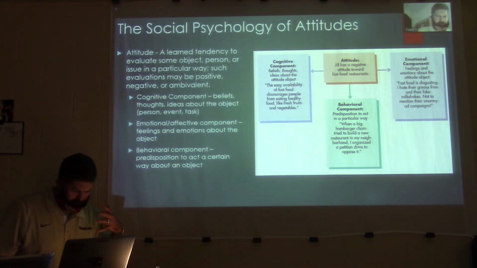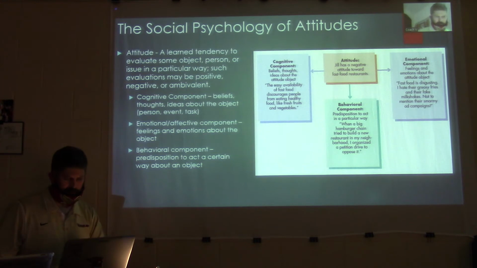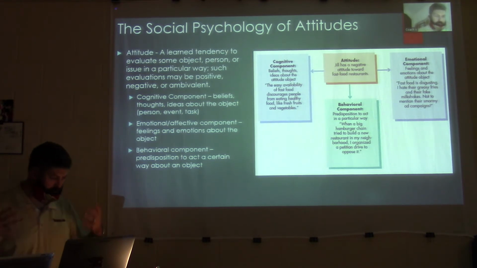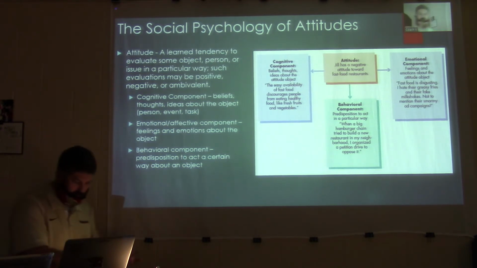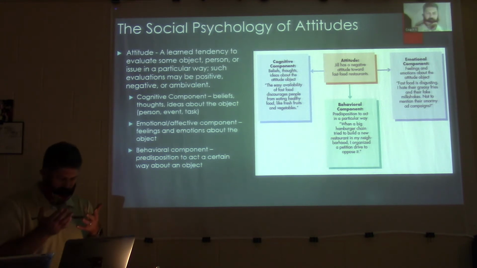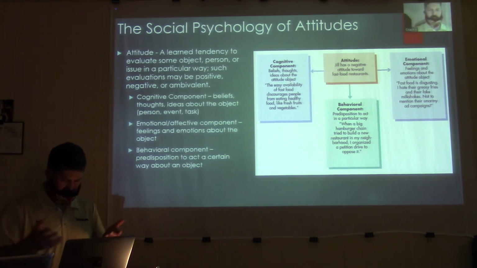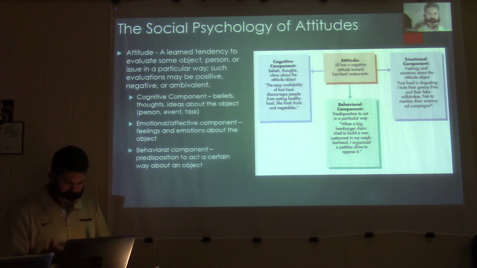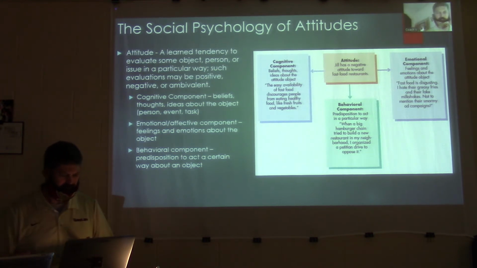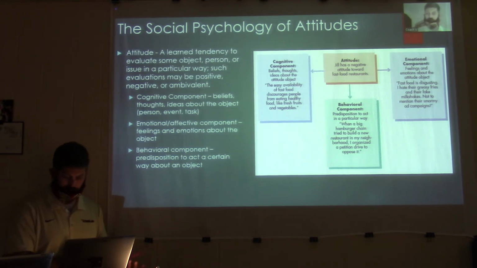All right, attitude: a learned tendency to evaluate some object, person, or issue in a particular way. Such evaluations may be positive, negative, or ambivalent. So we have the cognitive component, the emotional component, and the behavioral component. In this graphic organizer, there's an example of Jill. Jill has a negative attitude towards fast food restaurants. And then it goes through each one of those components.